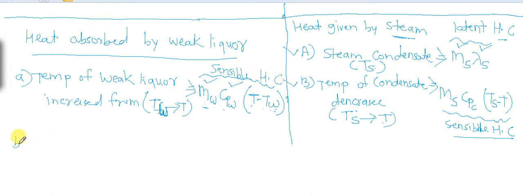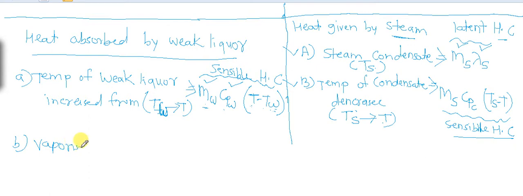And B part, some of this weak liquor, that is, some part of the solvent gets vaporized, and that is calculated by this formula.